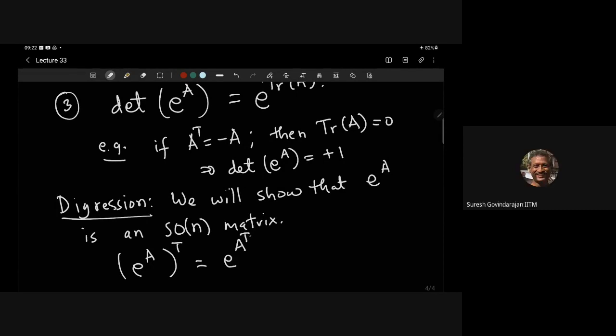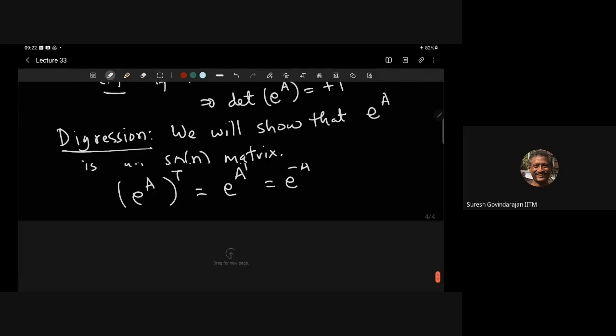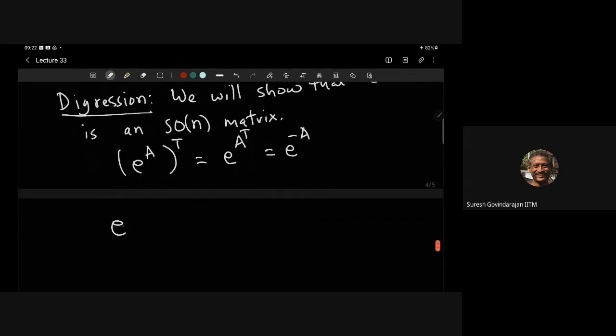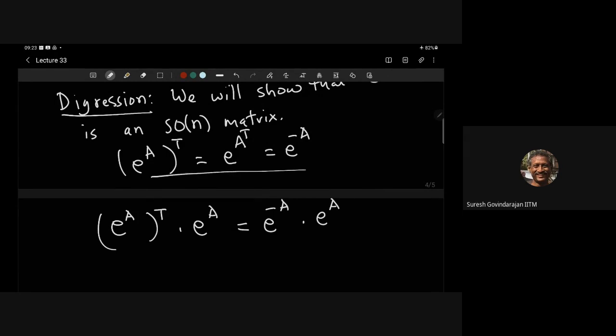e power A transpose is equal to, since A is antisymmetric, e power minus A. We want to show that this is the inverse of e power A. So this is equal to e power minus A dot e power A, using this calculation here.